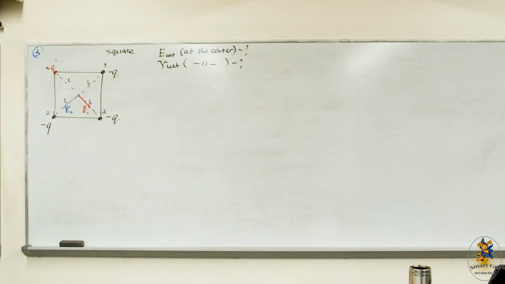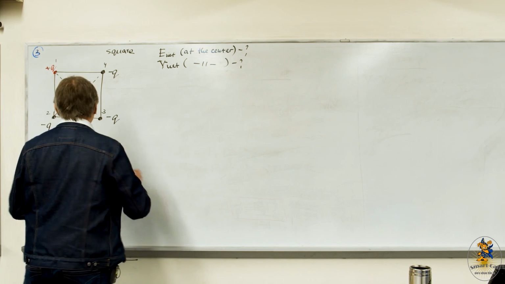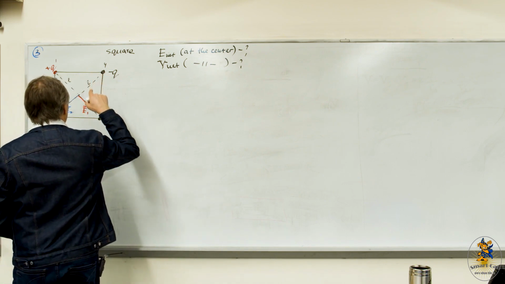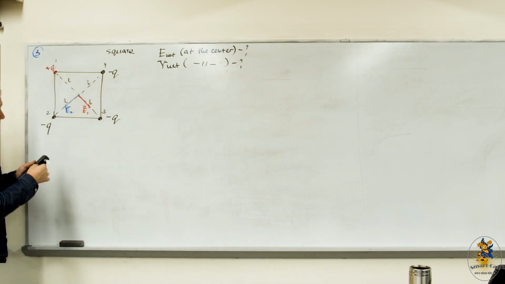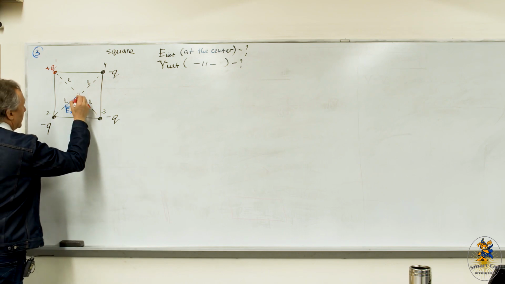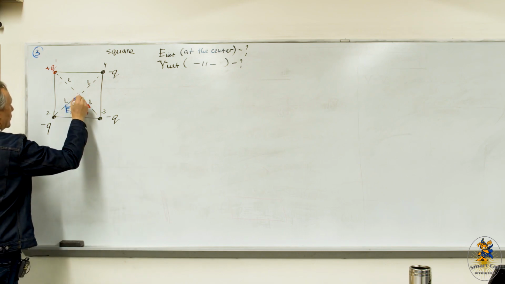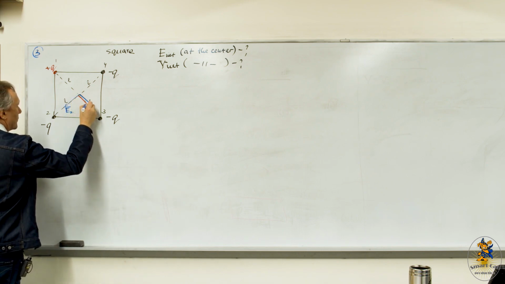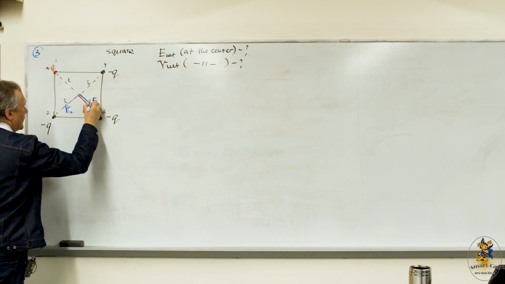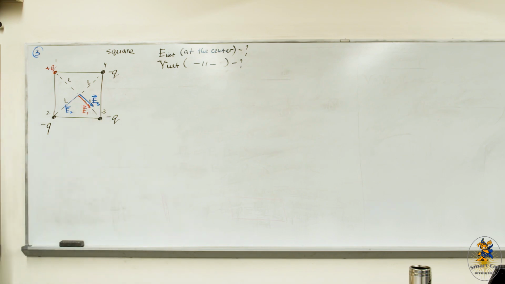Of course, directions are different, but magnitudes are the same. Then charge 3, it's a negative charge, so it should be towards that charge. So this will be E sub 3.